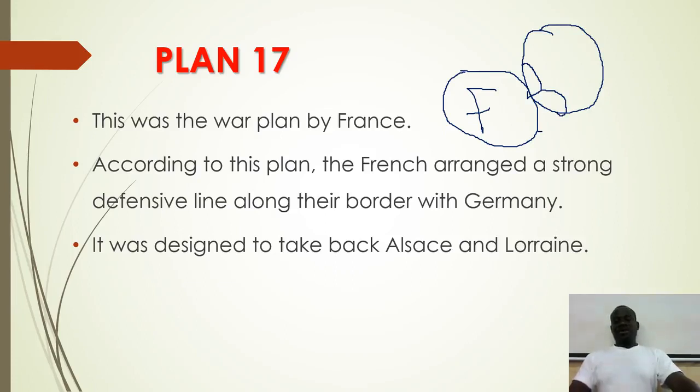So the French designed it in such a way that they would put a strong military reinforcement here, pushing forward into Germany, until this strong army had covered the area of Alsace and Lorraine. So that was Plan 17, designed by France to take back their lost territory.